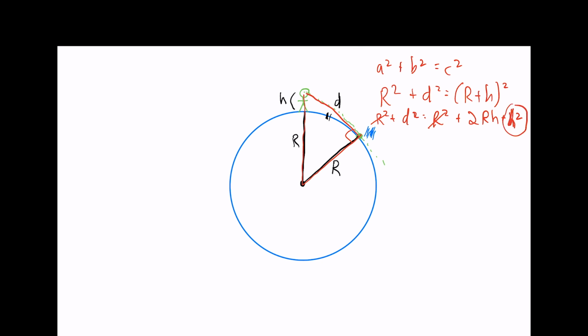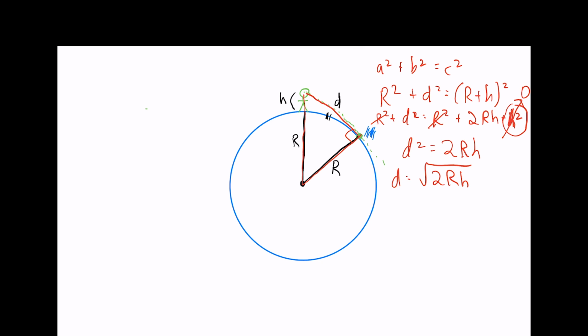This h squared here is a negligible value compared to everything else we're dealing with. A person's height in the context of the scale of the gigantic Earth and miles of the distance of the line of sight we're talking about is trivial. So we're just going to call that 0. And we're left with d squared equals 2rh. And d equals the square root of 2rh.